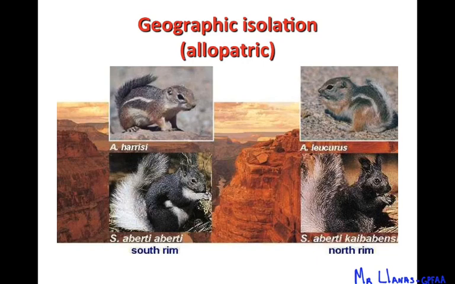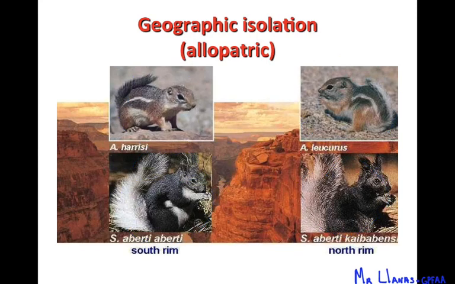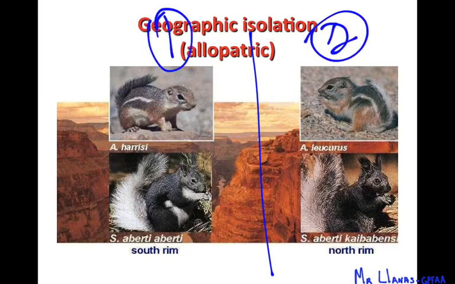You can see these two squirrels here used to be the same species, but because of the separation in the Grand Canyon, they started living in different environments, different pressures, so they became two different species, and now they cannot reproduce, right? So they used to be the same species, but now because of the separation, they're two different species, and that's speciation by geographic isolation, okay?